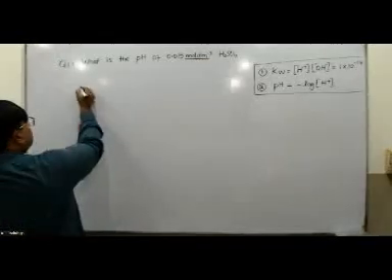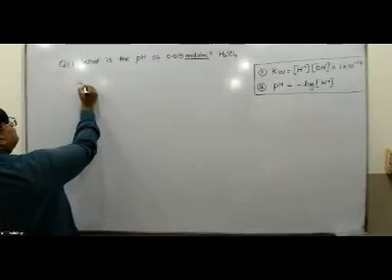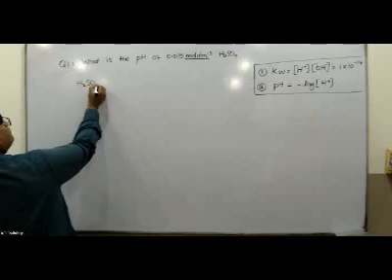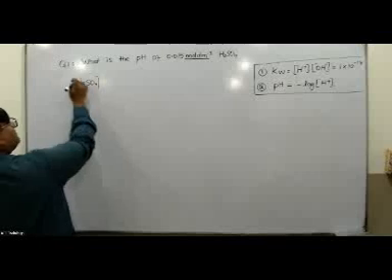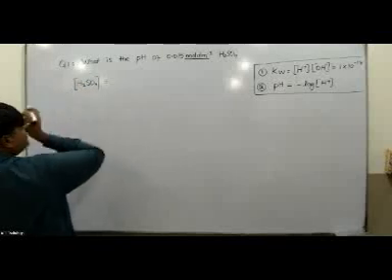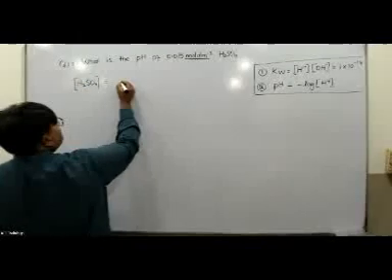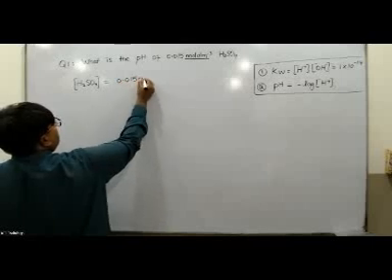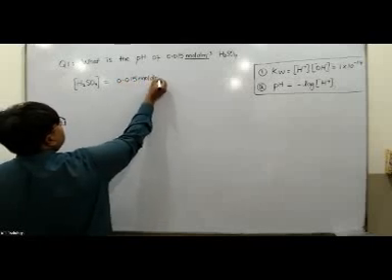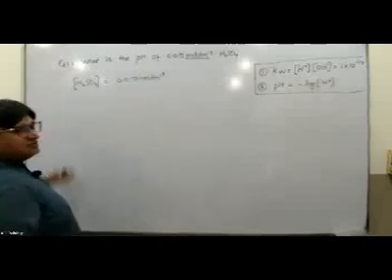So here you should write H2SO4. If you put the brackets around anything, these are the brackets. So sulfuric acid concentration, that is 0.015 mole per dm cube. So this is the concentration.